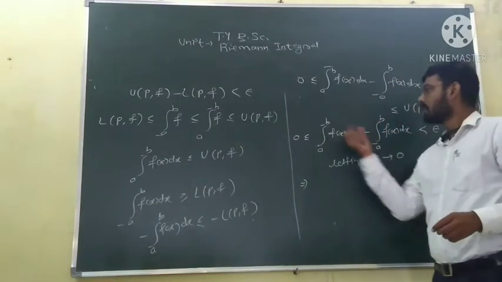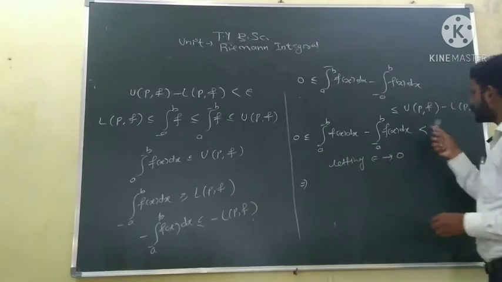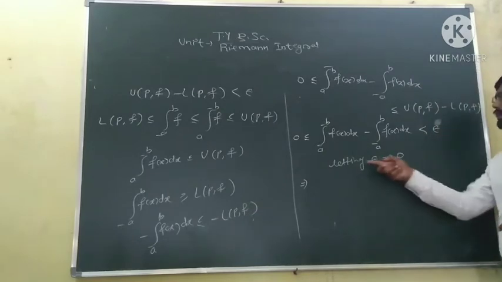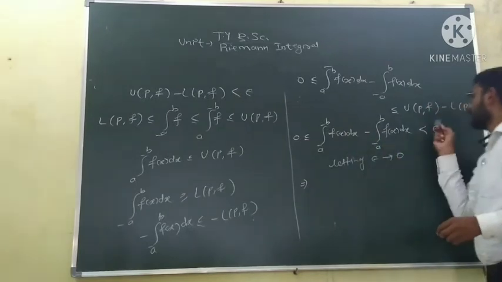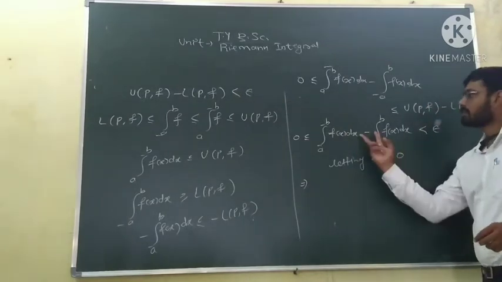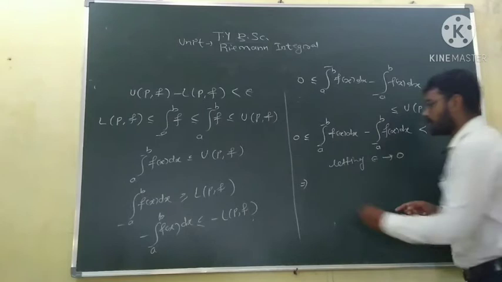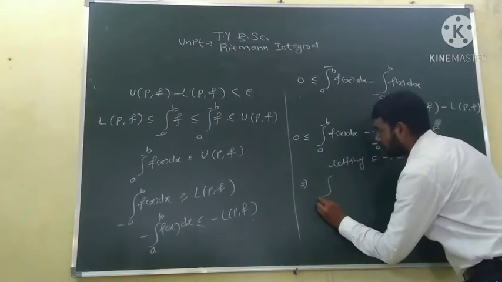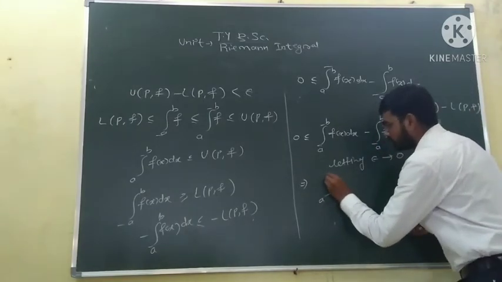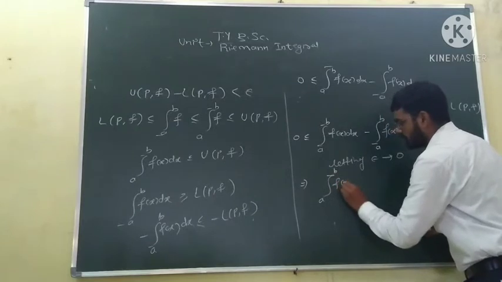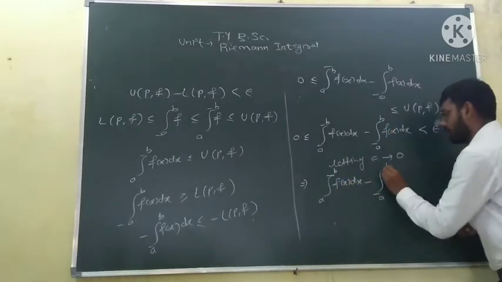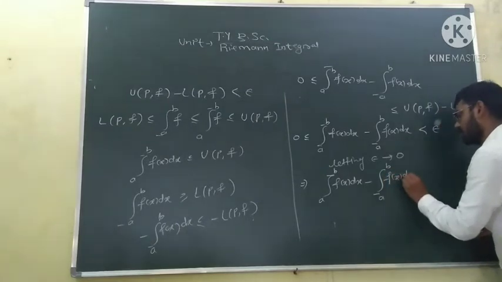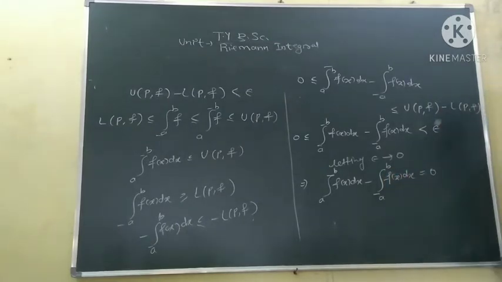Because there is some element which is greater than or equal to 0 and also less than or equal to 0, so only one option, that this term must be equal to 0. So the difference between the upper integral of the function and the lower integral of the function must be equal to 0.